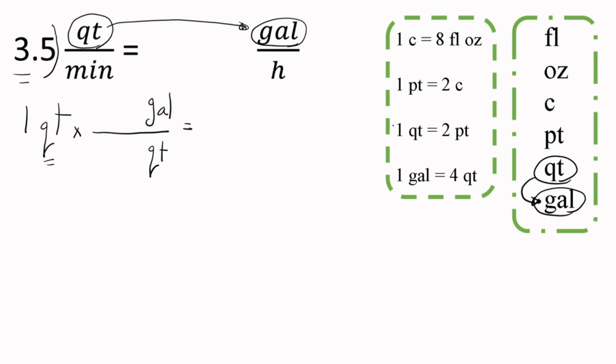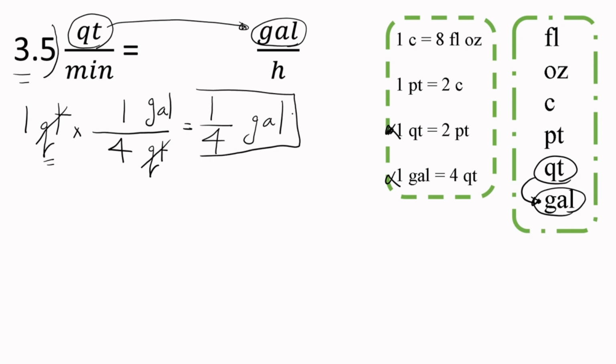As you can see, I'm going to get help from this conversion factor, 4 quarts is equal to 1 gallon. Let's take care of the units first. These two are going to cancel each other out, and I'm going to have 1 over 4 gallon. This is for numerator.